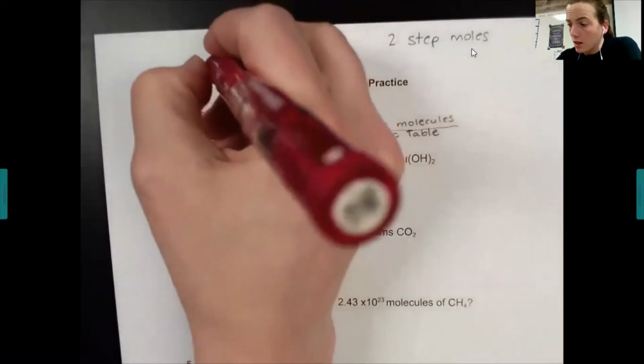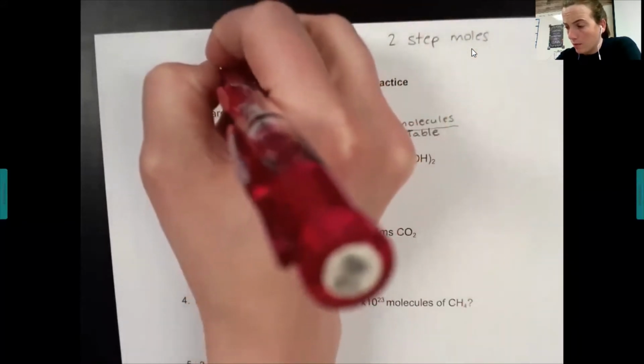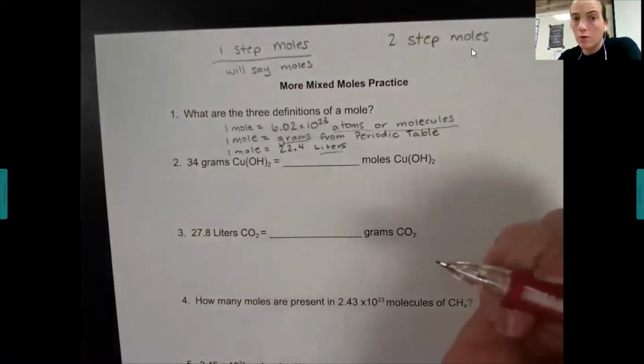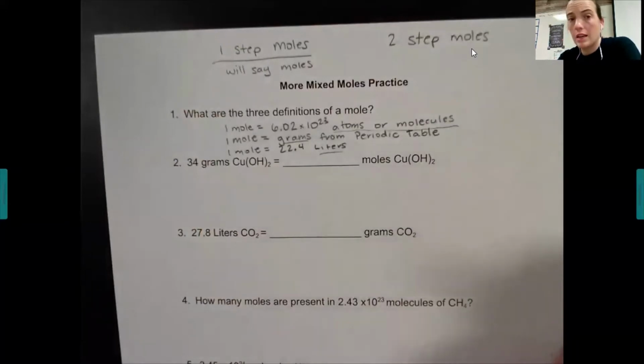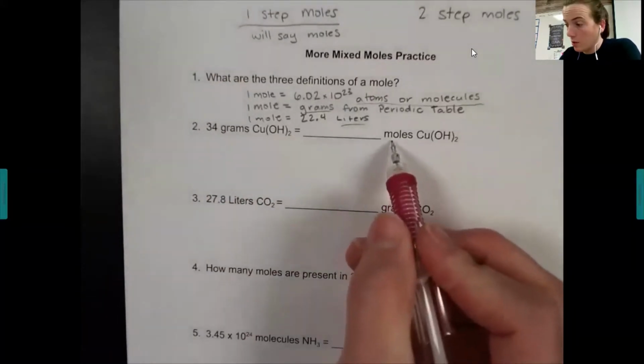If it's a 1-step mole problem, then it's going to say moles in the problem. You're either going to be given moles or you're going to be asked to find moles. That's a 1-step problem.